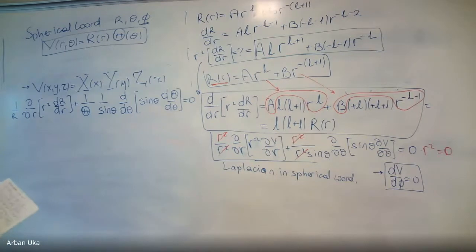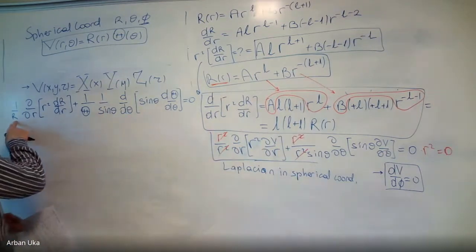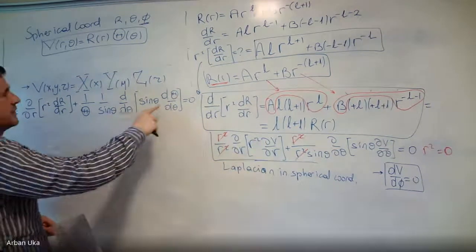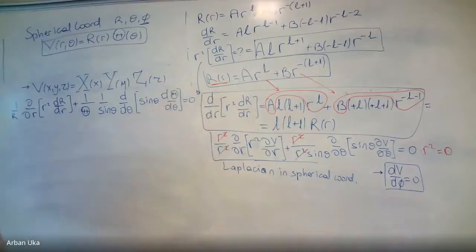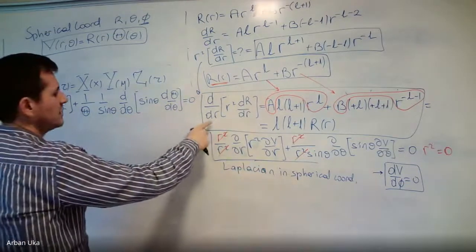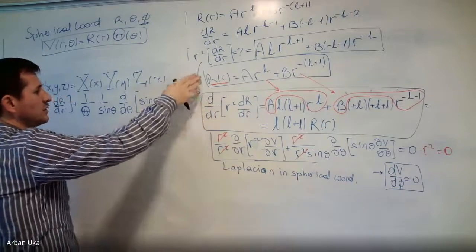In this case, we're just going to assume that the dependency of capital R on r looks like this. If this function behaves like this, where L is just a number, then we can easily see that we actually solved this one.